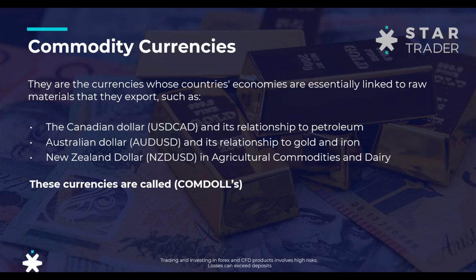Moving next to the Kiwi. The Kiwi, or the New Zealand dollar, is very well known for its correlation with agricultural commodities, specifically dairy. It has a positive correlation with the CRB, the Commodity Research Bureau Index.